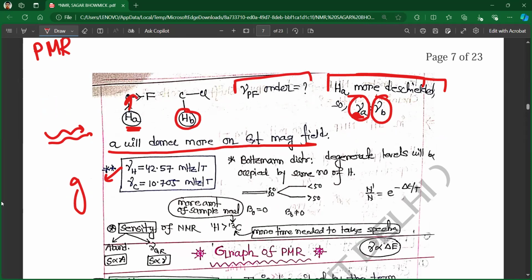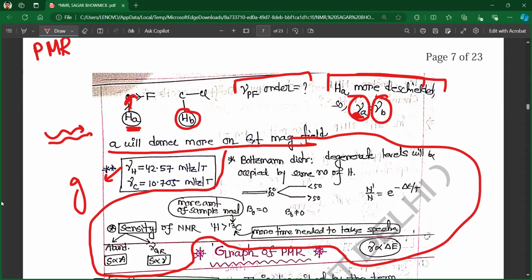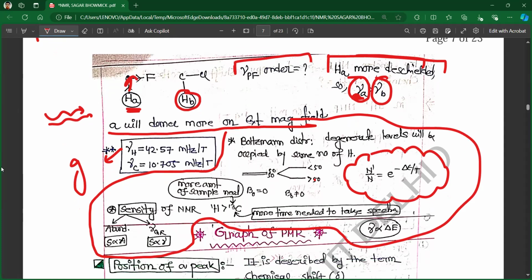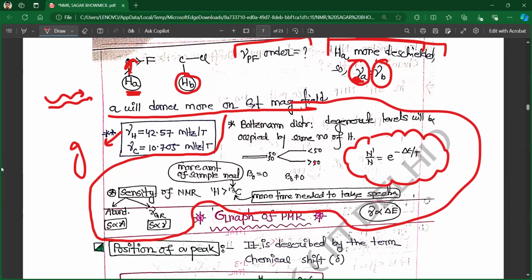This theory was given in a book. How many nuclei will be in the ground state or in the excited state depends on the Boltzmann distribution. If you have understood the Boltzmann distribution, then only you will be able to understand it. I am not going deeper because it is not so important.